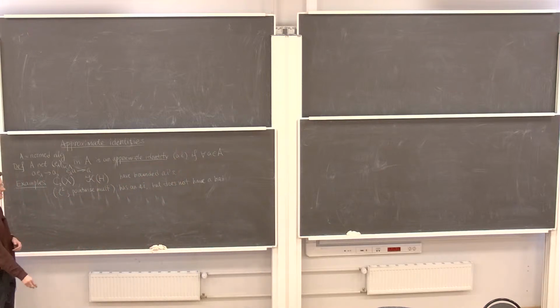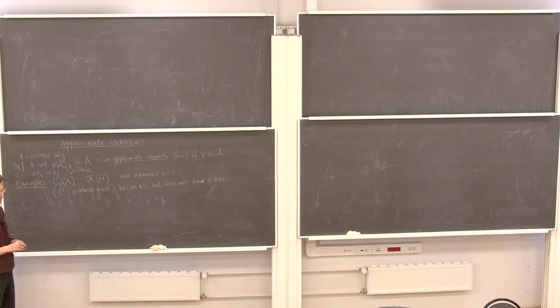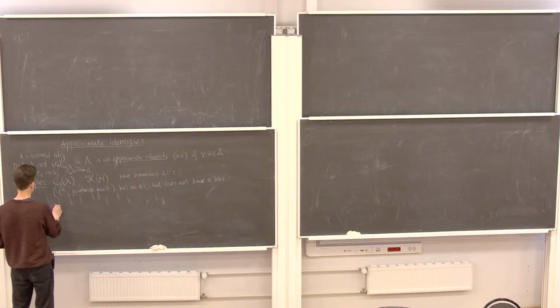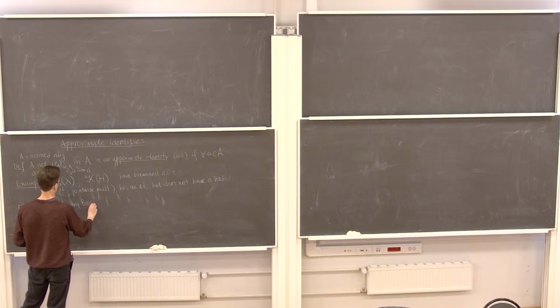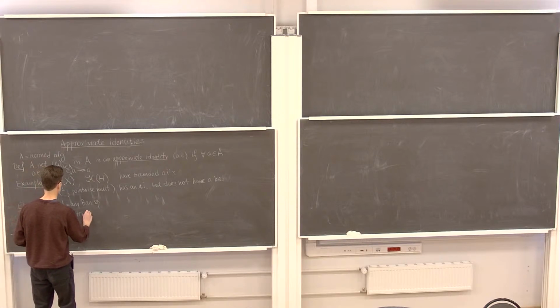And actually another example, which I forgot to mention at the previous lecture, it's quite easy to produce examples of Banach algebras which don't have approximate identities. For example, if we take any Banach space A, then of course we can consider A as a Banach algebra with the trivial multiplication.